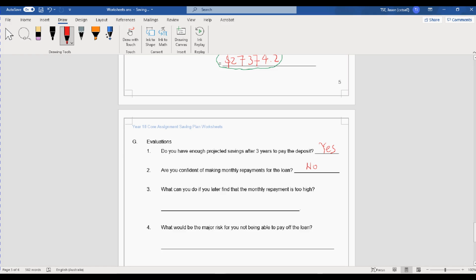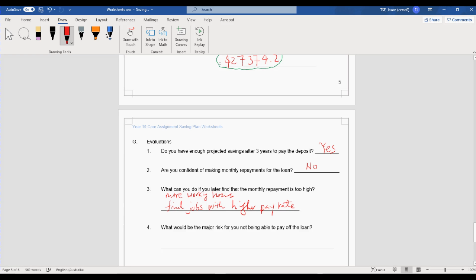You might say something like more working hours, and find jobs with higher pay, higher pay rates.